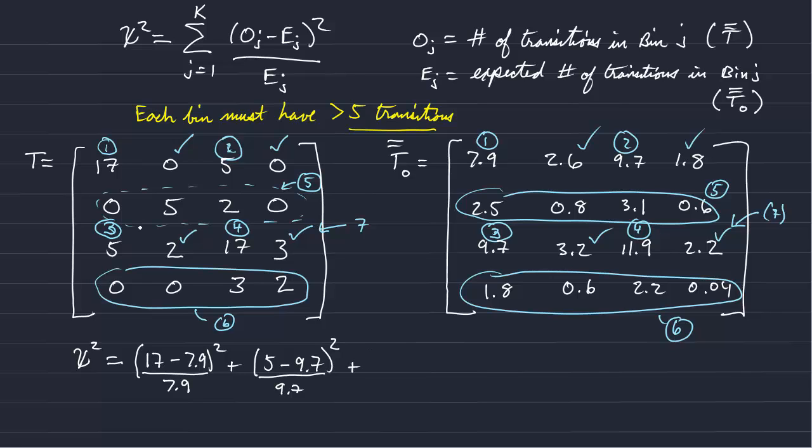For the third bin, we have 5 minus 9.7. For the fourth bin, we have 17 minus 11.9.